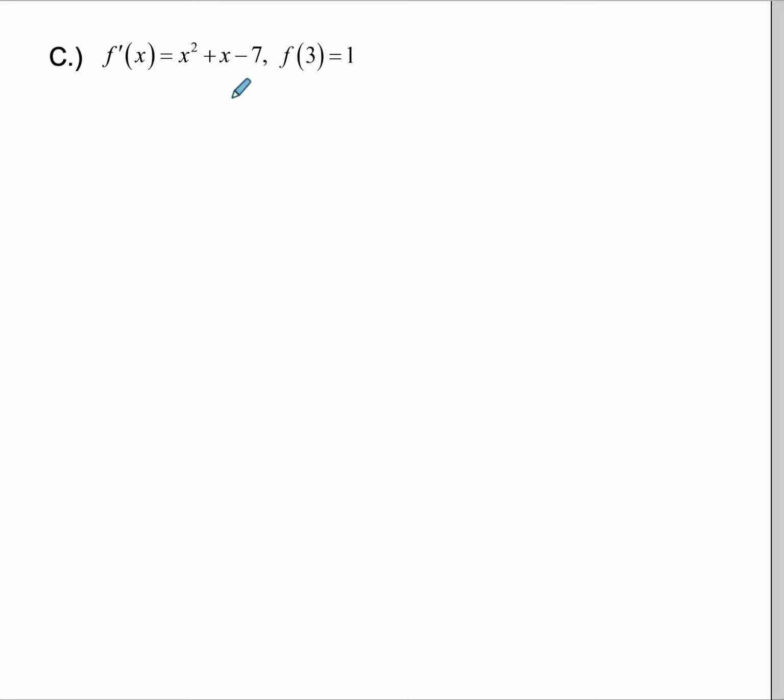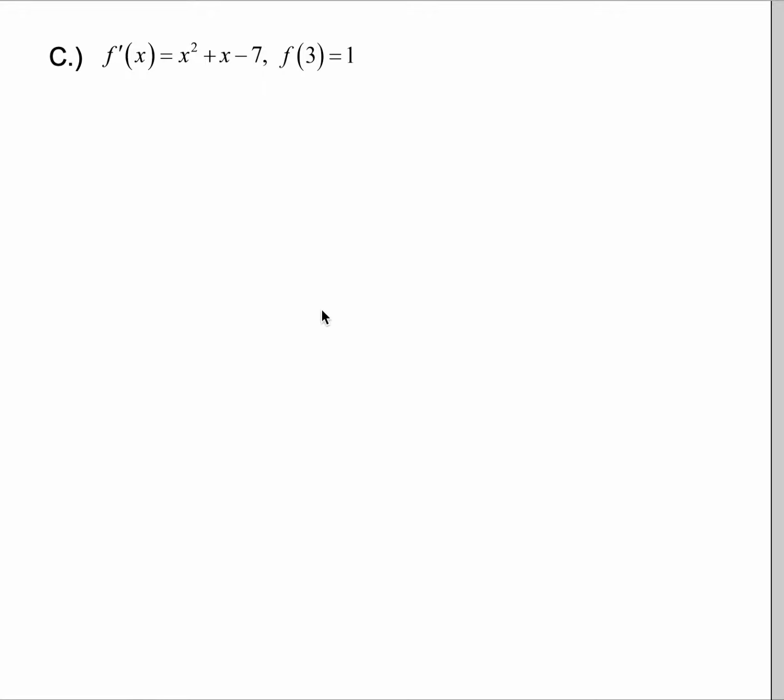If we look at C, I'm actually going to let you guys try this out, practice it out. It's the same idea, just express f prime of x as dy dx. Take the dx to both sides, and then take the integral and see what you guys get. But if you want to try it, maybe pause the video since I'm going to be providing the answers.